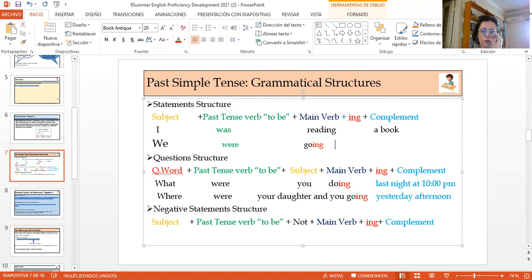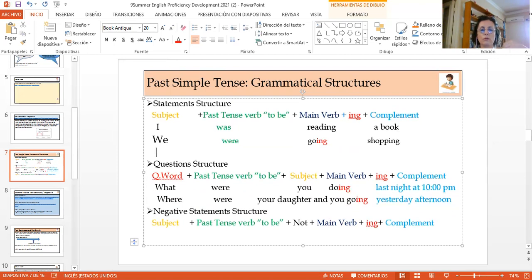So you have two options. We were going shopping, which is a collocation of go shopping, go cycling, go running, go walking. It's an activity. Or the other option is going to, and that implies a place: going to the river, going to the beach, for example.